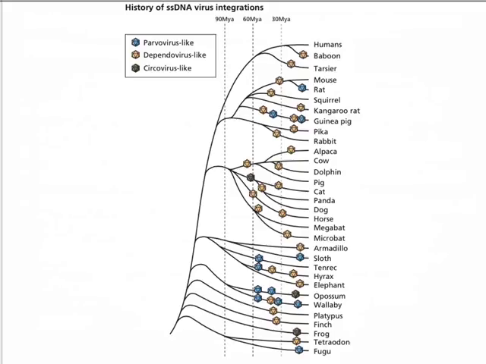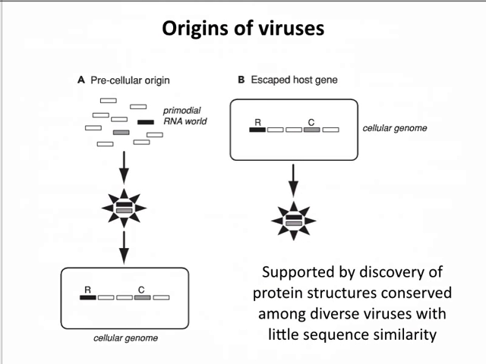So this has told us a lot about when viruses entered. But of course, we're limited to having animals that we recognize in this phylogenetic tree. We suspect, as I said at the very beginning of this course, that viruses originated much earlier than the first animals.